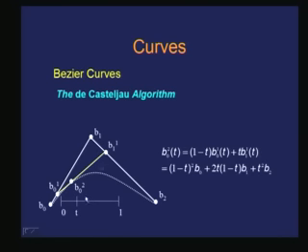So, this B20 is nothing but again a linear interpolation of B10 and B11. And if I just expand this, because B10 was a consequence of linear interpolation in the Bezier polygon, and B11 was also a linear interpolation, I obtain this: (1 minus t) square B0 plus 2t(1 minus t) B1 plus t square B2.